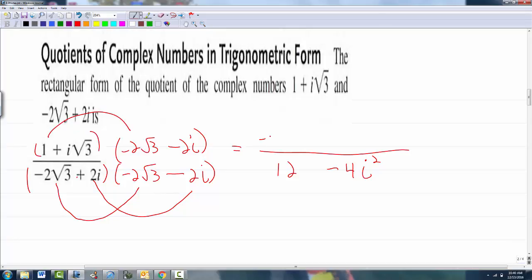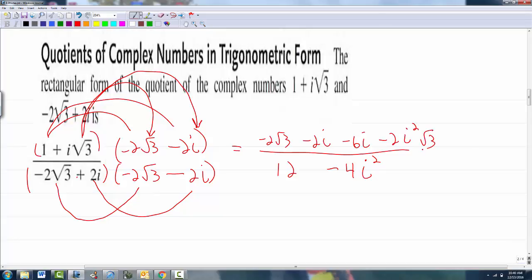1 times -2 root 3. 1 times -2i. Those are easy. Then be careful on this one. What is root 3 times root 3? What's 3 times -2? -6i, right? And then what's i root 3 times -2i? Let's just write it all. -2i squared root 3. What's -2i squared become?